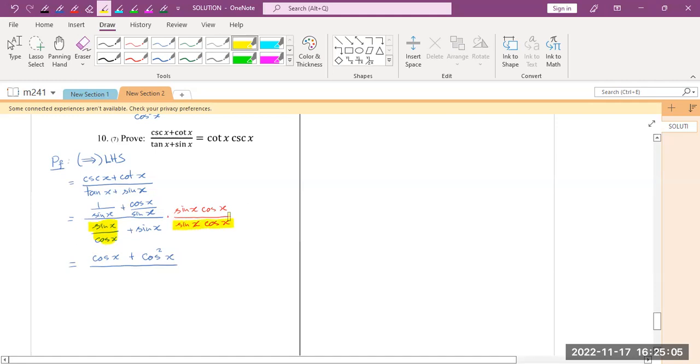Cosine x cancels, so we get sine squared x. And then sine x times sine x cosine x, that's sine squared x cosine x.